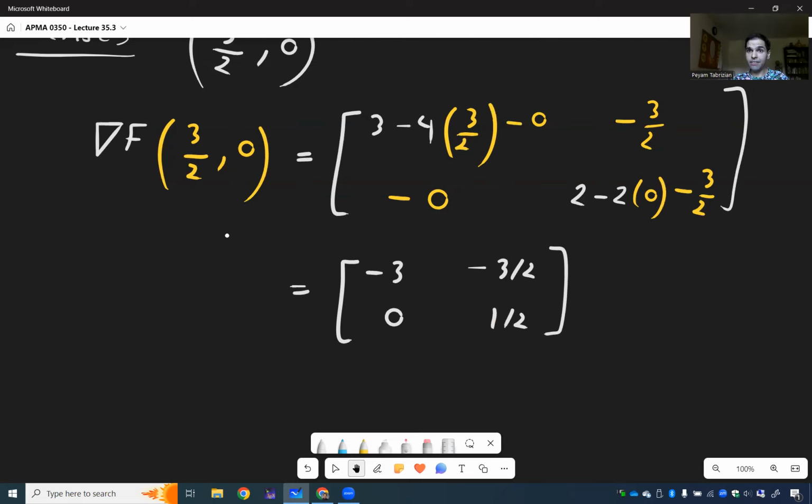And once again, you could do the determinant trick, and I would recommend that if you're not comfortable with linear algebra.